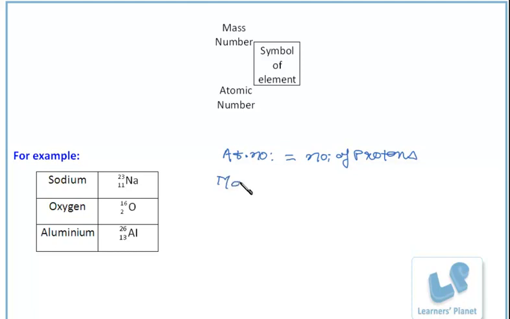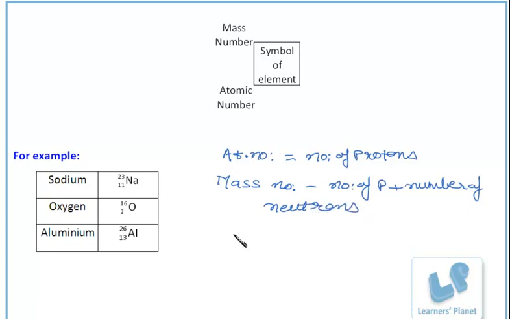Mass number is equal to number of protons plus number of neutrons, right? So electrons are not involved in the mass number.